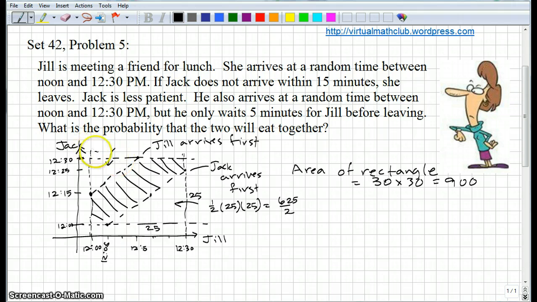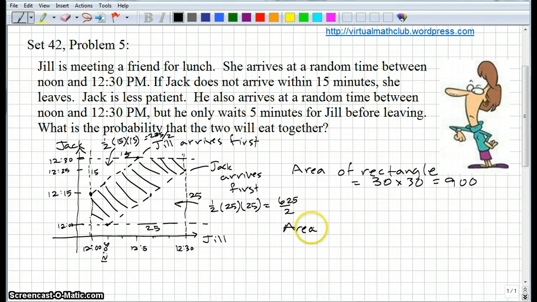And over here, this is 15 minutes and this is 15 minutes. So here the area is 1/2 times 15 times 15, and that's going to give you 225 over 2.